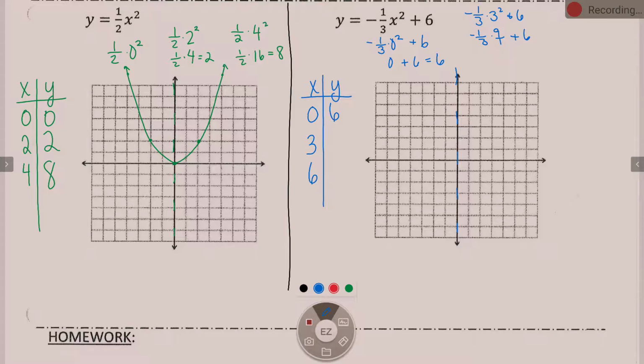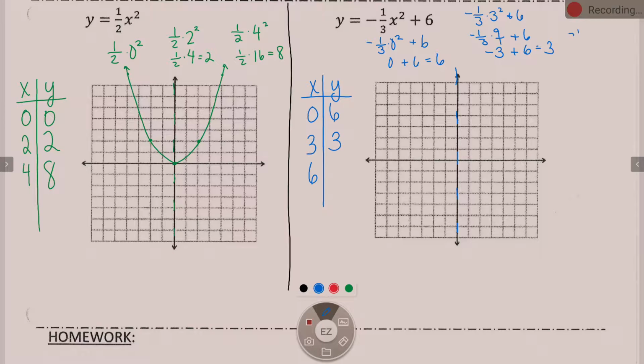Because when I say what is a third of something, I'm saying divide it by 3. And a negative times a positive makes it a negative. Negative 3. So negative 3 plus 6 is 9. Well, no. Negative 3 plus 6 is 3. There you go, 3. So now I have the ordered pair 3, 3.